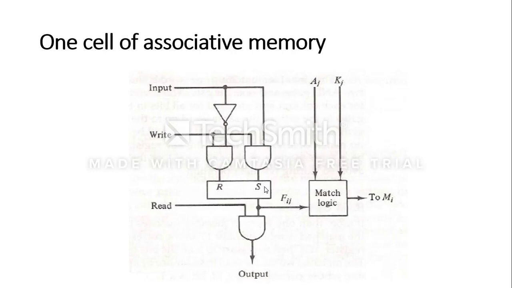That is the most commonly used type to construct memory elements. So RS flip-flops are used to construct these memory cells. Here we are trying to understand the construction of one such memory cell. One RS flip-flop is available because one memory cell is capable of storing one bit of information, and to store one bit of information, one flip-flop is sufficient. So this is one RS flip-flop in which we can store our data.